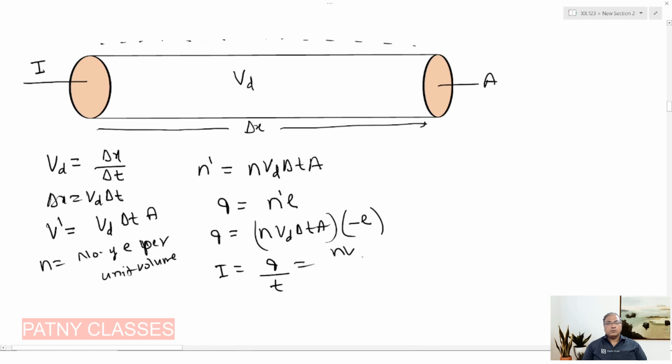Delta t cancels, and therefore we got I equals minus N into Vd into A into E. This gives the expression for current and the relationship between current and drift velocity. The negative sign indicates the direction of current is opposite to the direction of drift velocity.